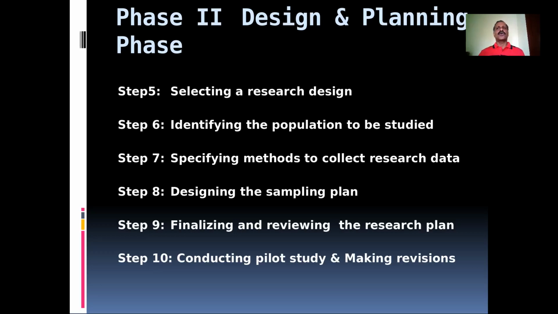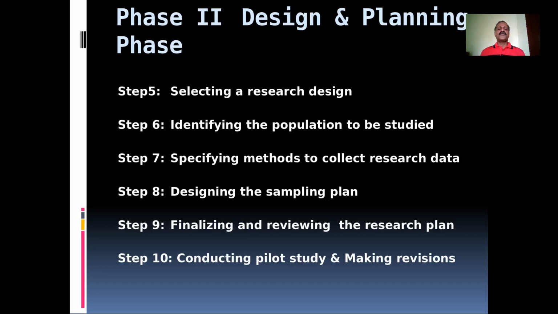Whether you are going to ask questions, distribute a questionnaire, conduct an interview, observe the participants and collect data, collect specimens and examine them under a microscope in a laboratory, or go to the natural field and see. There are numerous methods. You choose the appropriate methodology for collecting the data.